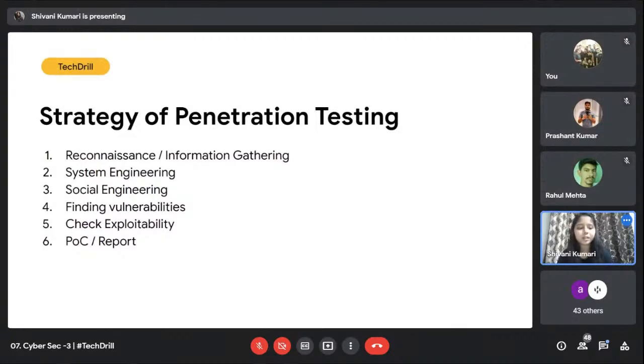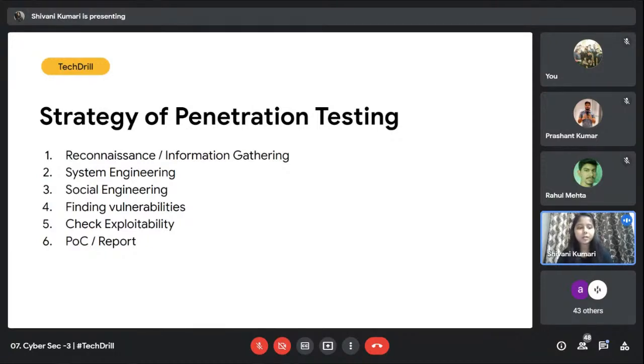Here comes the strategy of penetration testing. While finding the vulnerability, we have to know the steps to find the vulnerability and how to make reports and all. So what are the steps?